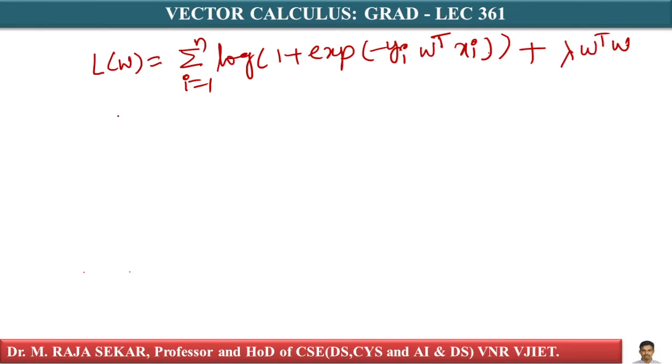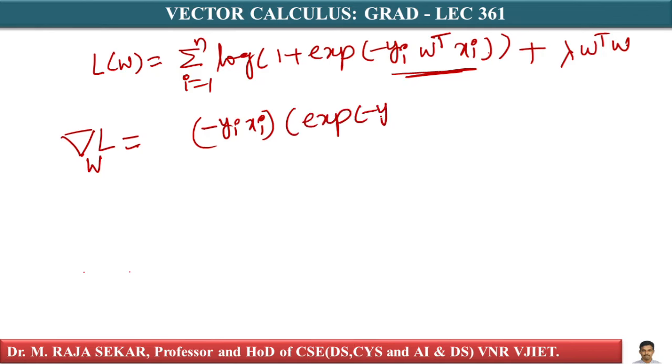Now let me do the vector differentiation, del of L with respect to w. For the inner part, if I differentiate with respect to w, I will get minus yi into xi. Again, the differentiation of e power x is e power x, and the differentiation of 1 is 0. So I get exp of minus yi into w transpose xi.